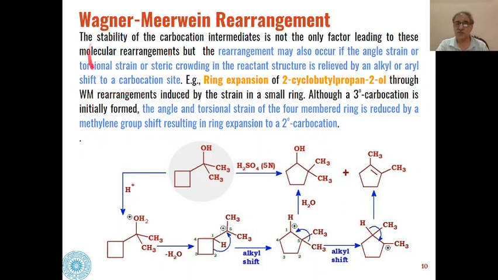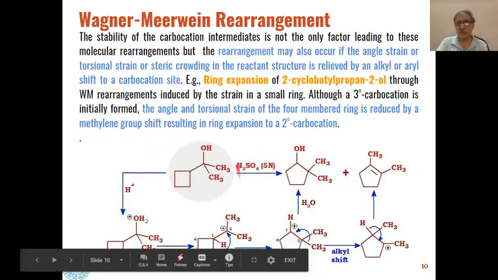And so the second category, in addition to the stability of the carbocation, is the relieving of these strains, which also leads to Wagner Meerwein rearrangement. So for example, ring expansion of 2-cyclobutyl propan-2-ol.